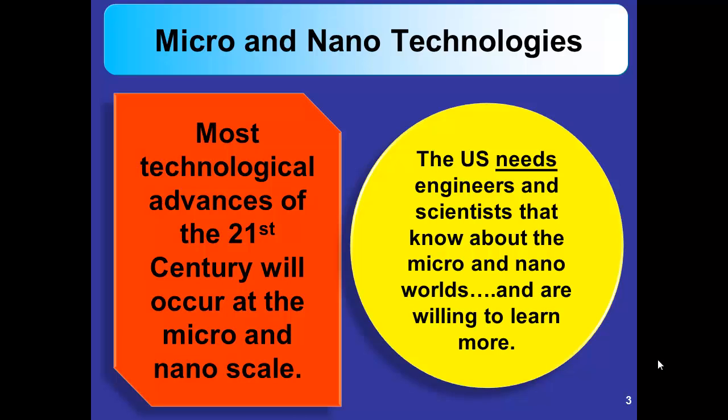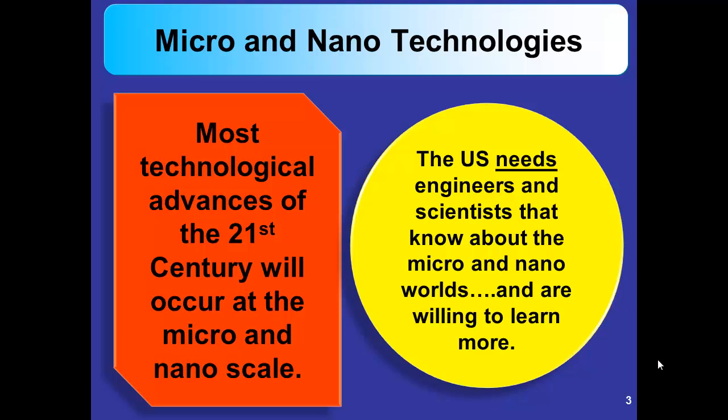We've already seen over the last 20 or 30 years some very important devices and technologies that have been developed and actually made their way into the marketplace. So from personal computers and phones to medical devices, there's a whole host of technologies that have been made possible because of the development of micro and nanotechnologies.